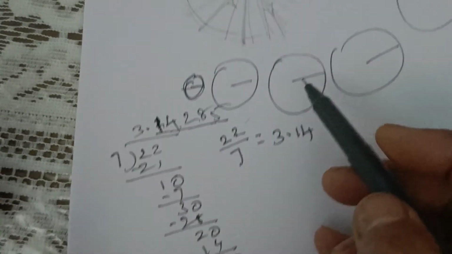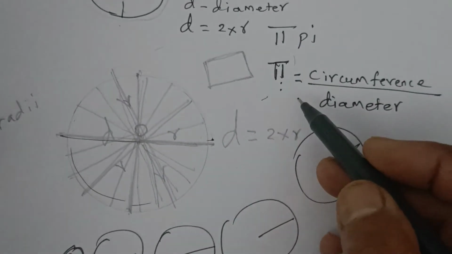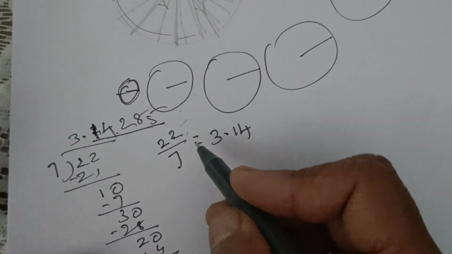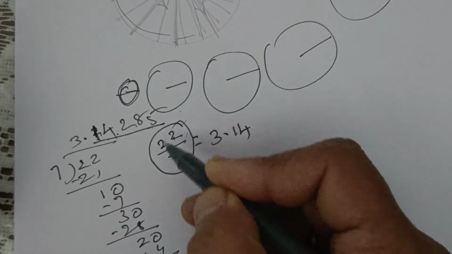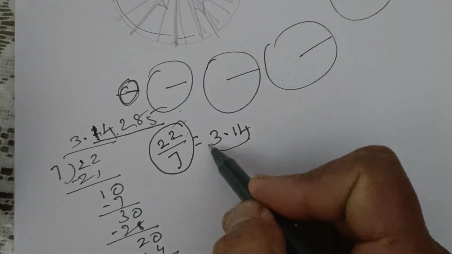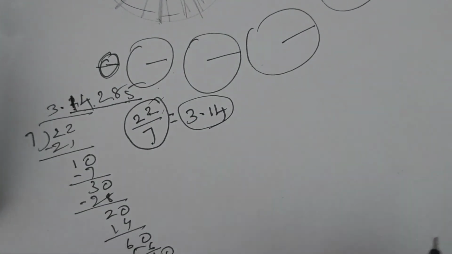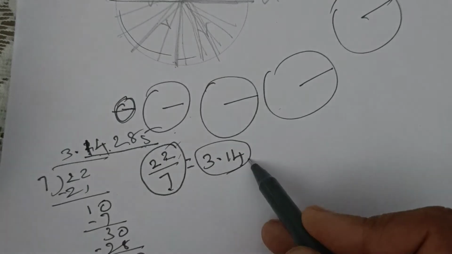So now, this is all about pi. It is the ratio between circumference and the diameter, and we take its value as a rational number: the fraction form is 22 by 7 and the decimal form is 3.14. In 7th standard level, if you know what pi is and what its value is, it is enough.